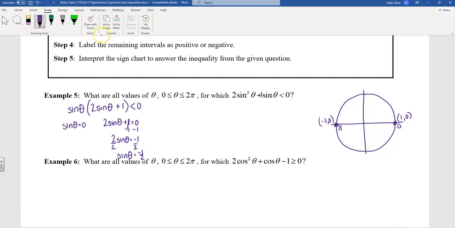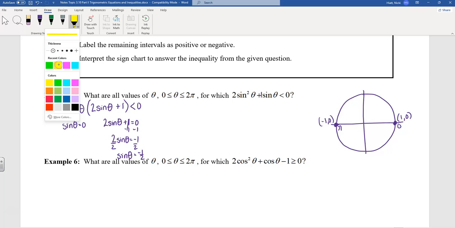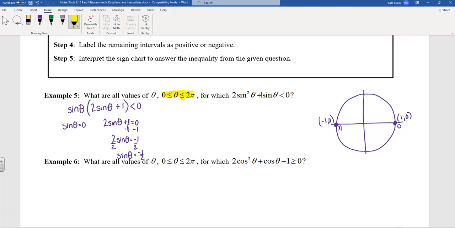And actually, notice right here on our restrictions, most of them did not have this, but I've got a less than or equal to sign right there with my 2 pi. So I want to include 2 pi as well, like 0 and 2 pi are both going to be included here. So I've got theta equals 0, pi, and 2 pi from that answer.